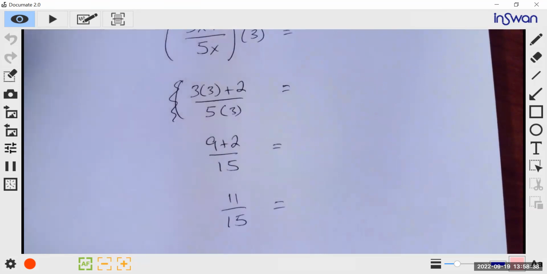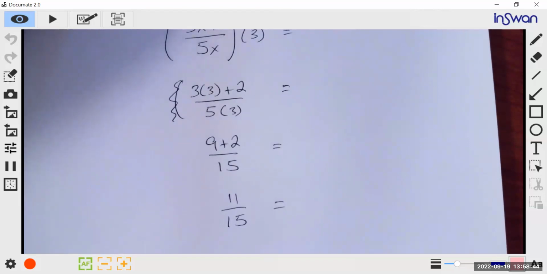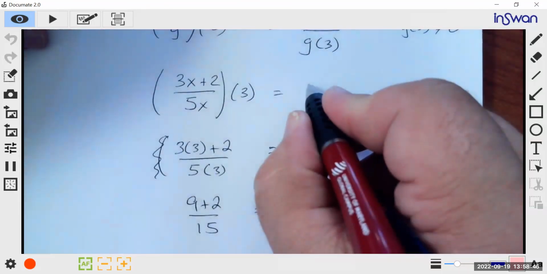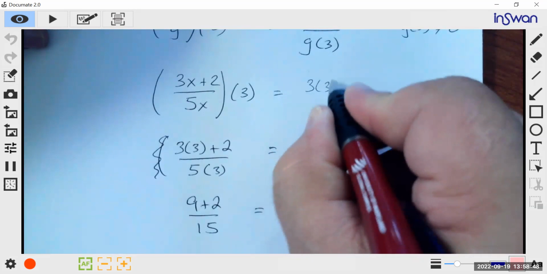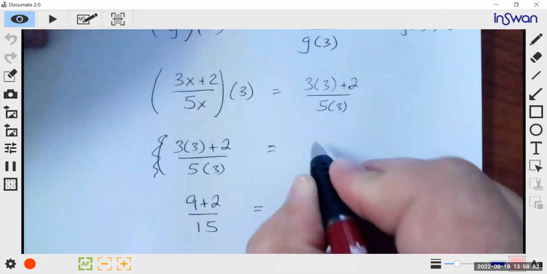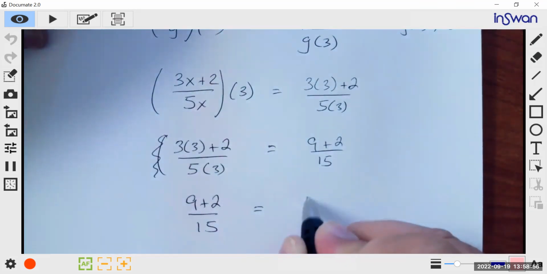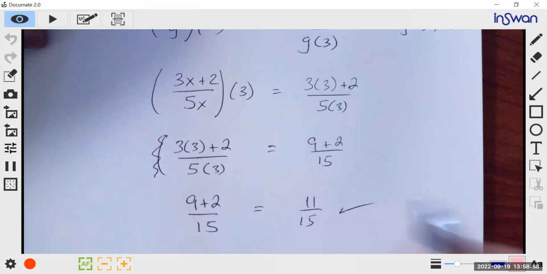And yeah, clearly you see the right-hand side. If you do it separately, it's much easier. 3 times 3 plus 2 over 5 times 3. 9 plus 2 over 15. 11 over 15, and they work.